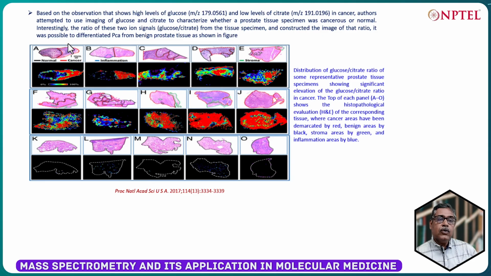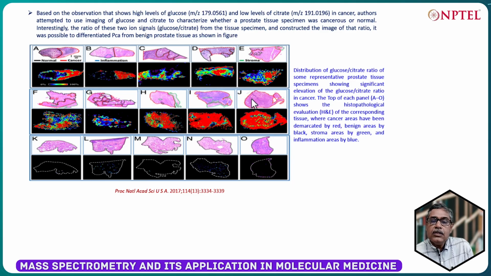Okay. So, this is the H&E stained tissue, and this is the mass spec imaging of the same tissue, and then the glucose over citrate ratio is plotted here, and you see that red is the most intense part. Now, we can correlate very well: wherever cancerous cells are populated, this glucose over citrate ratio is high.